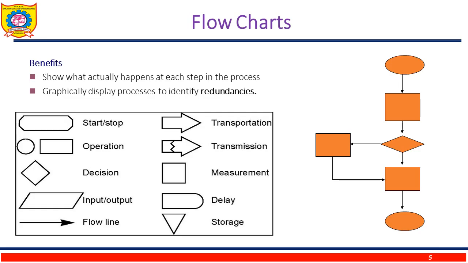I have shown in the figure the start or stop, operation, decision, input output symbol, flow line symbol, transportation symbol, transmission symbol, measurement, delay and storage symbols. By making use of all these symbols logically, we draw the flowchart which I have shown at the right of the slide.